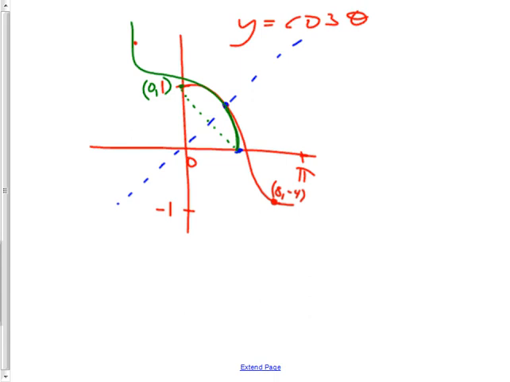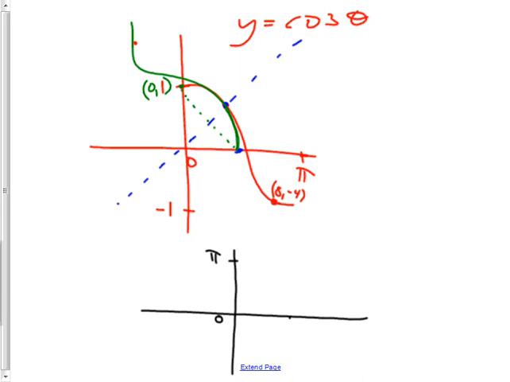Okay, so if I needed to label it, I'm going to draw a new one now. It used to go from 0 to pi. So now that means this is from pi to 0.